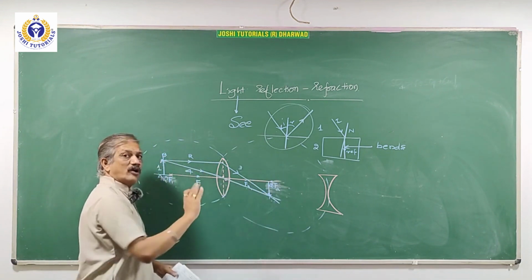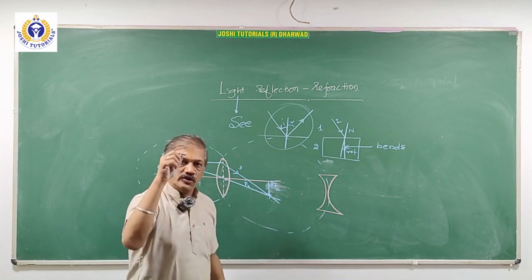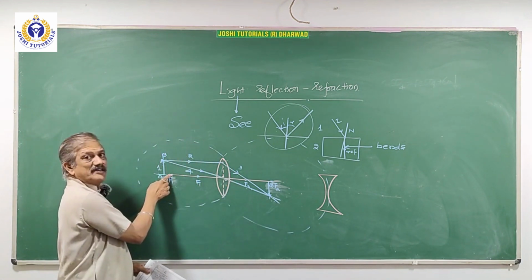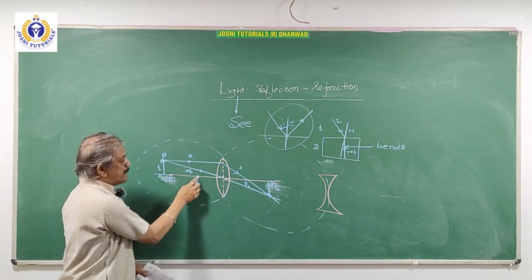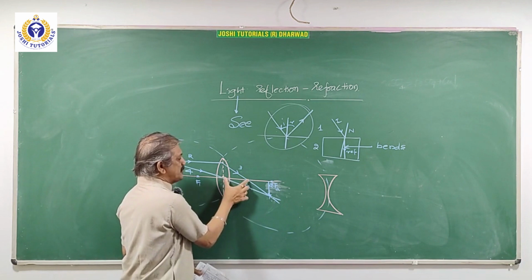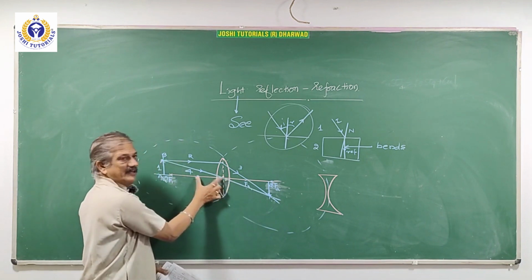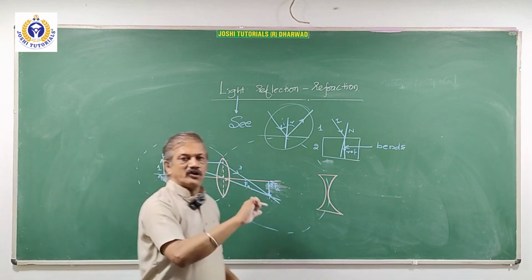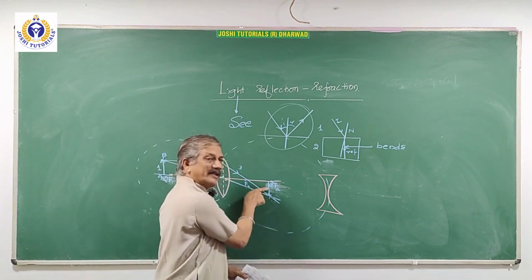Here, I have drawn a rough diagram. If you draw properly, from here to here, 6 centimeter, and midpoint, say 3, exact midpoint 3. See, there is a variation here on the board. Without scale, I have drawn. So, I may get a wrong one here.